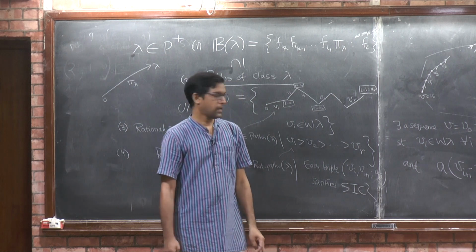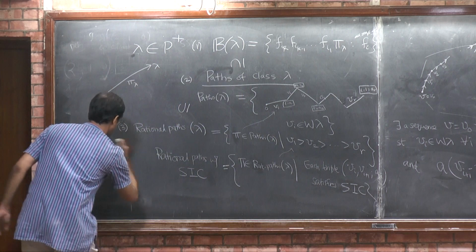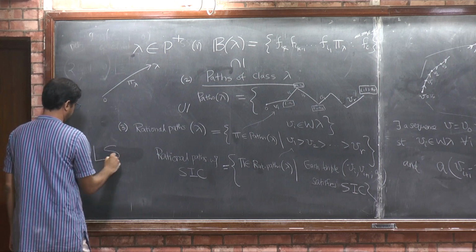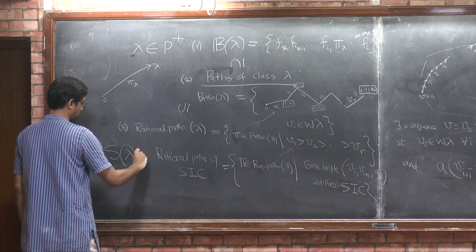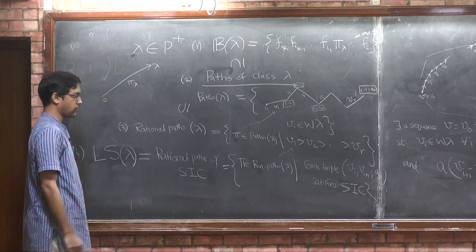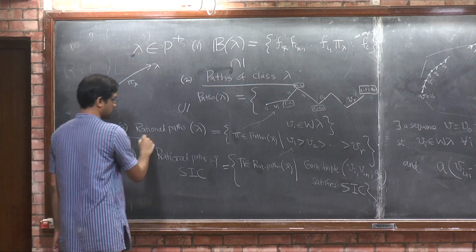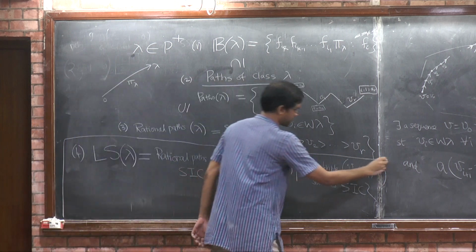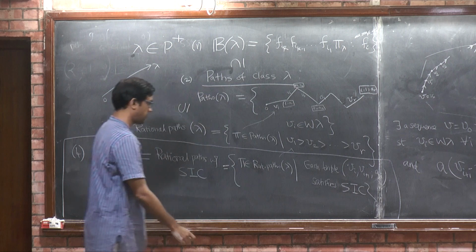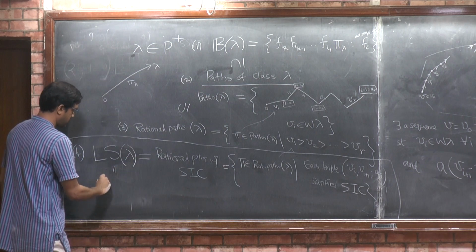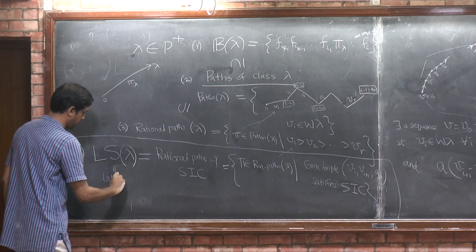This is the collection of paths that will be important for us, and it has another name. It's called the set of all Lakshmibai-Seshadri paths of shape, or class, lambda. L and S are Lakshmibai and Seshadri.